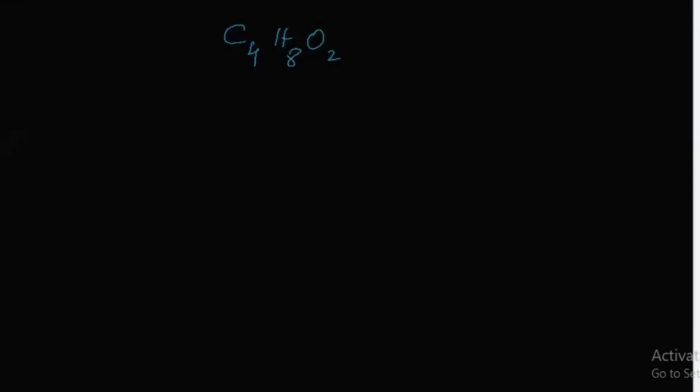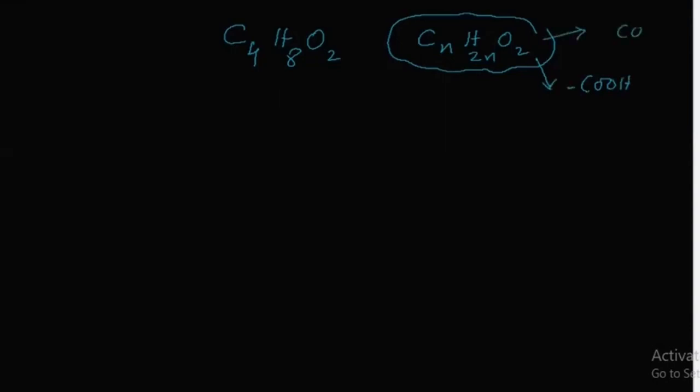So C4H8O2, CnH2nO2, and you know that this general formula represents both the carboxylic acid and esters. So either you are going to draw the carboxylic acid or esters, COO.